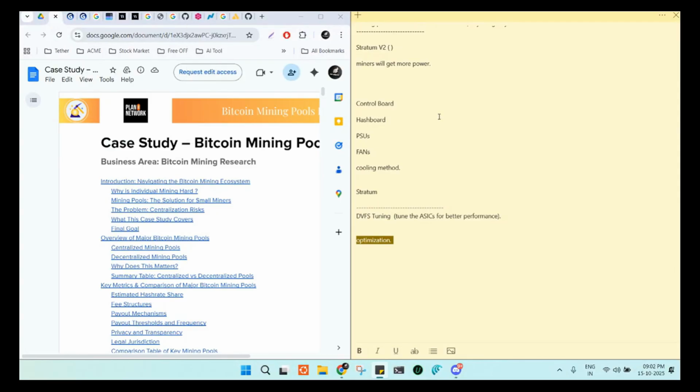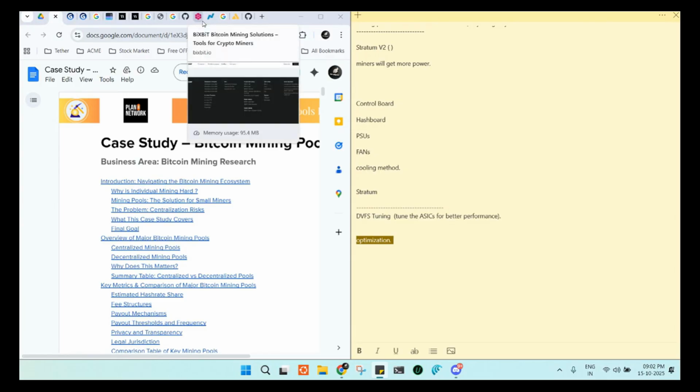Antminer's motivation is that they are not selling the software, right? Software is a free bundle with the hardware. If you are just purchasing the hardware, the software is free. You are not paying for the software, if you think like a company. But Braiins and those companies are only selling the firmware. So they have to make sure the solution or the tools are very, very efficient, and only then will people use them.